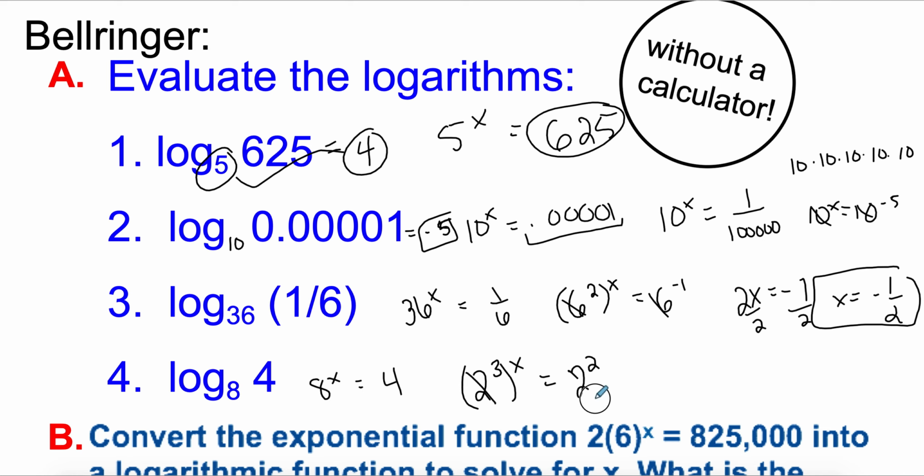So we can get rid of our 2's. 3x equals 2, so x equals 2 over 3. So that log evaluates to 2 over 3. A fancy way to figure out logs without a calculator if you can't do that different base in there.